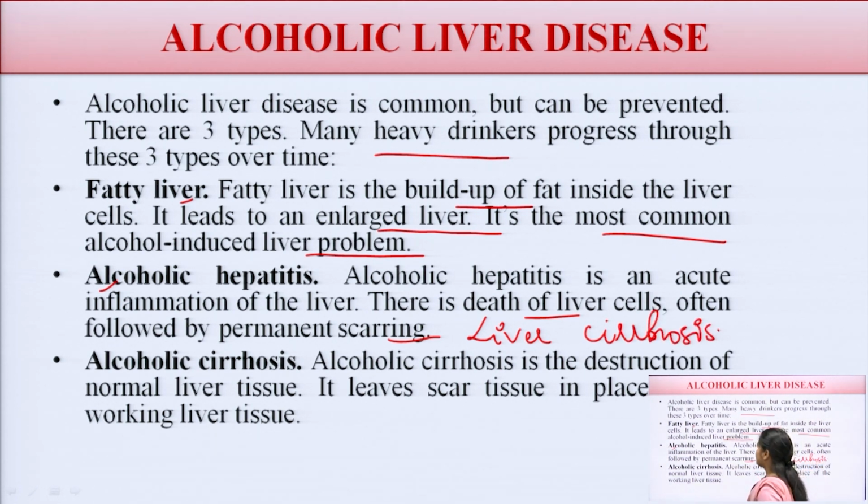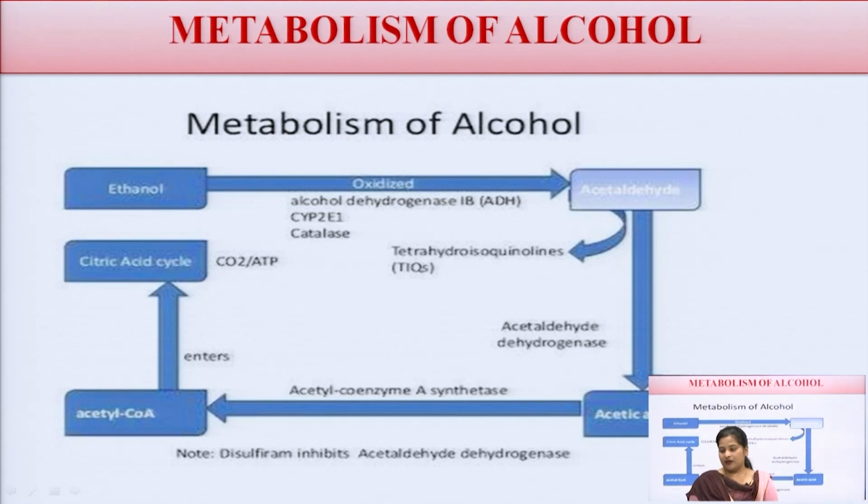Liver cirrhosis is the destruction of the normal liver tissue. It leaves scar tissue in place of the working liver tissue. So that is liver cirrhosis.